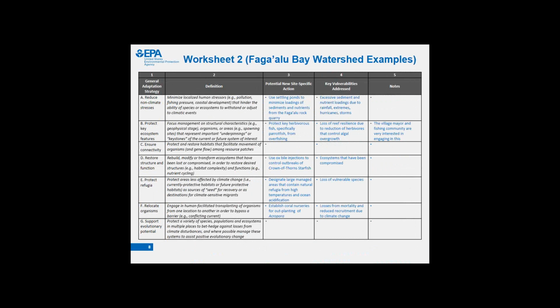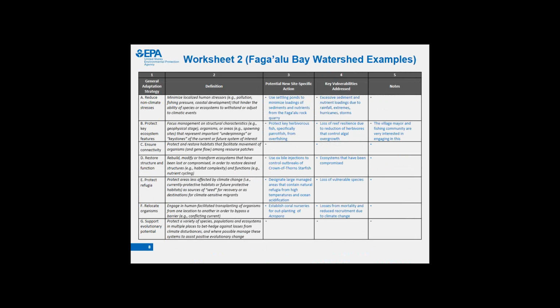So you can see here that I plugged that in, and a major action that we took was creating settling ponds to minimize the loadings of sediment and nutrients. And that's proven to be very effective. All the excessive sediment has kind of been settled in these ponds.